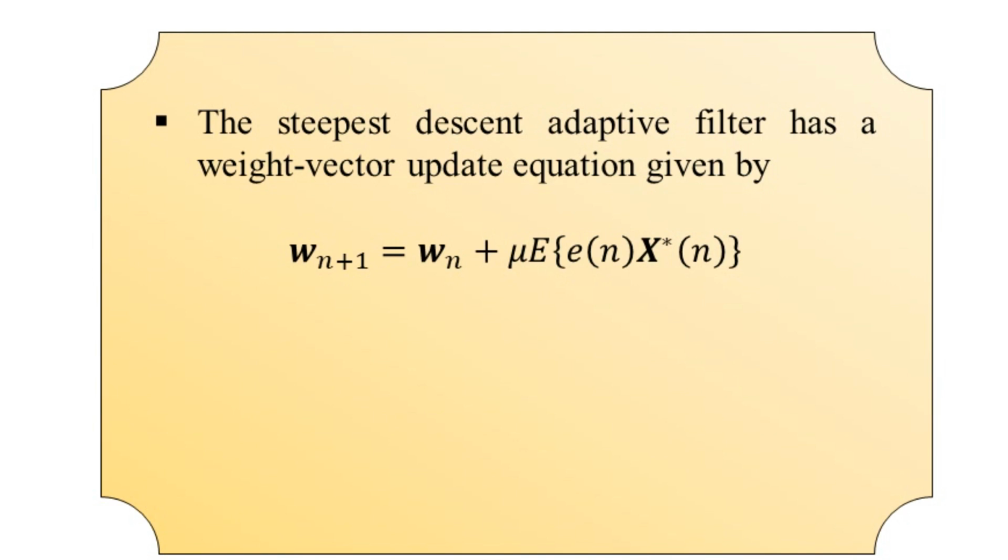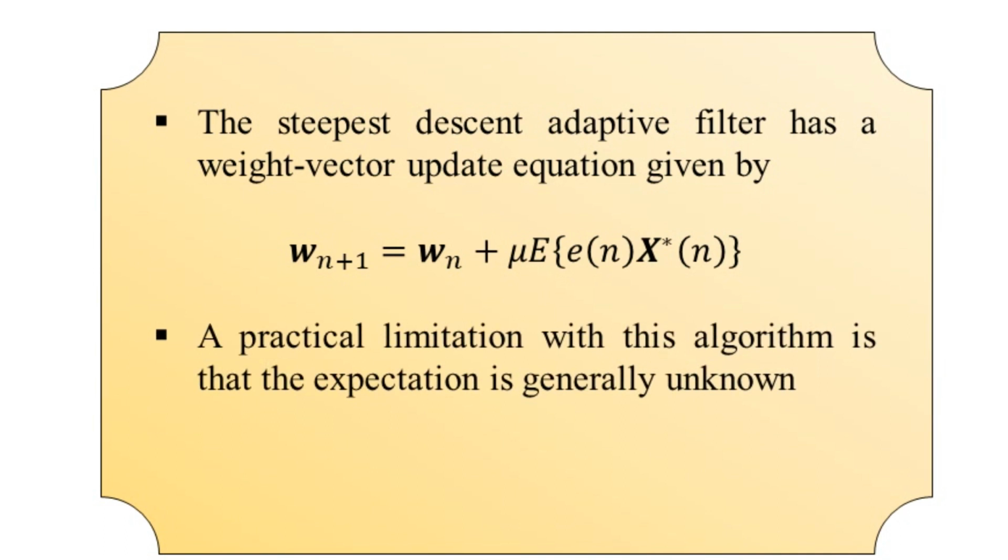There is one practical limitation with the use of the steepest descent algorithm having such a mathematical representation in this equation: the second term that involves the expectation E of the product e(n) with the complex conjugate of x(n) is mostly unknown here. Therefore this term should be replaced with an estimate such as the sample mean.